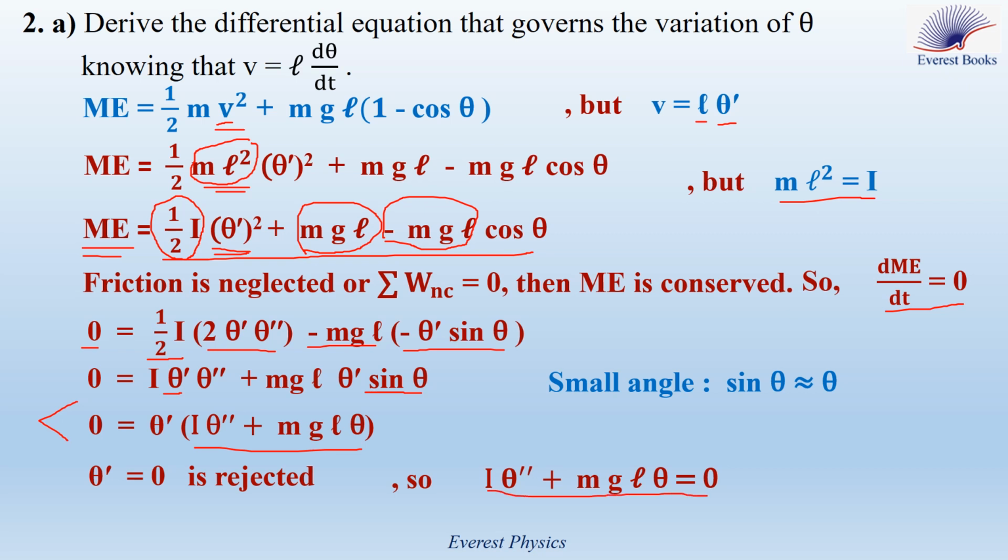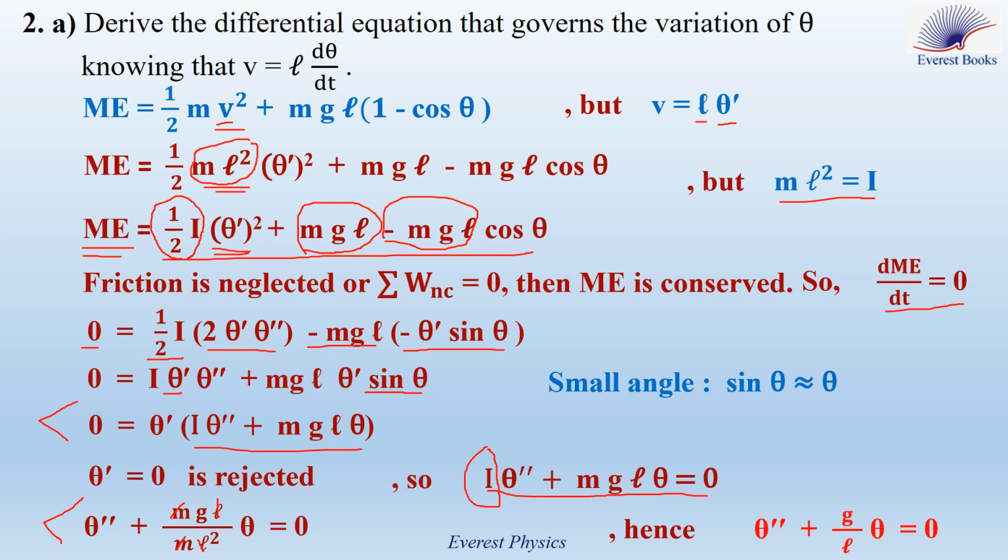Divide this equation by I, which is equal to ml squared. We get this equation. The m's cancel out, L and L cancel out. This is going to be θ'' plus g over L times θ is equal to 0. This is the differential equation that governs the variation of theta.